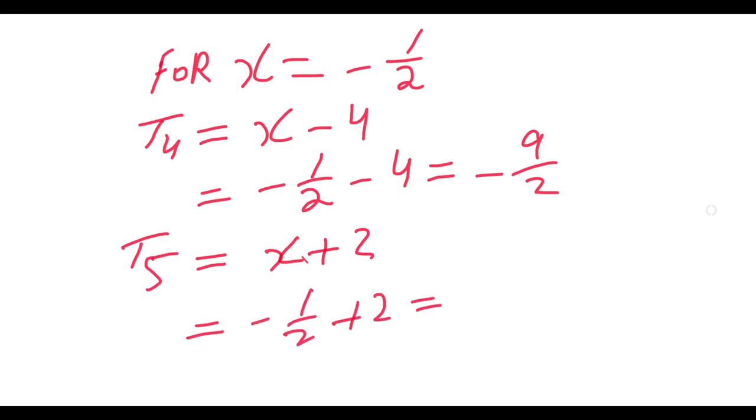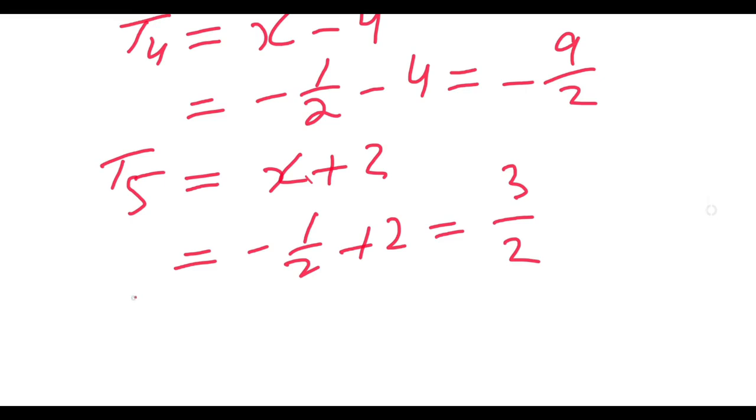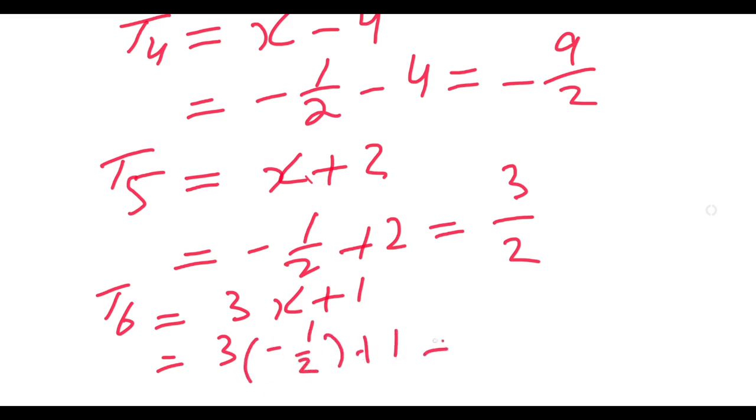The answer, using my calculator, is 3 over 2. Now T6 we got 3x plus 1. In place of x I'm going to put negative 1 over 2, 3 times negative 1 over 2 plus 1. The answer is negative 1 over 2.